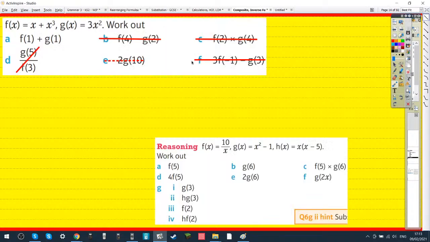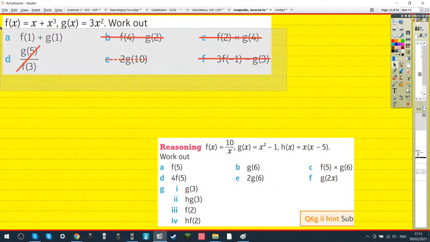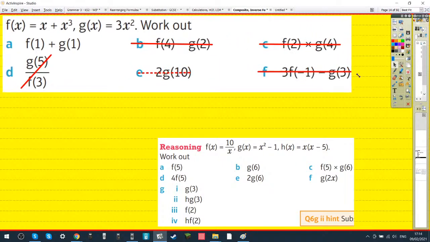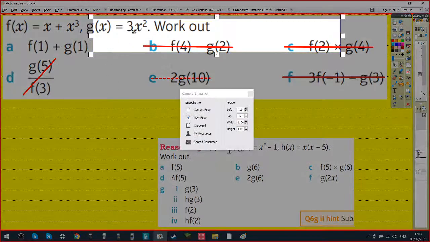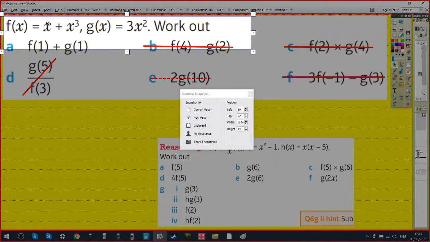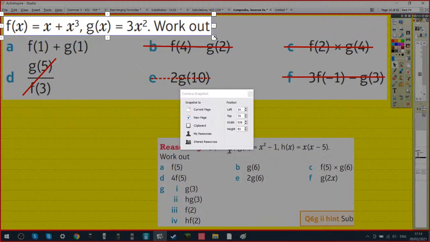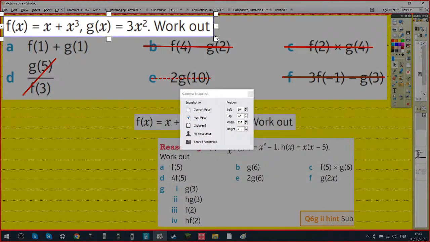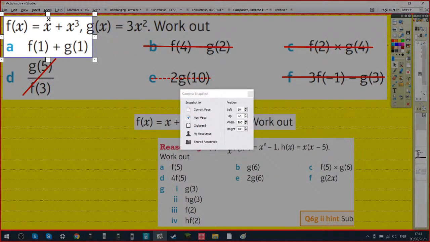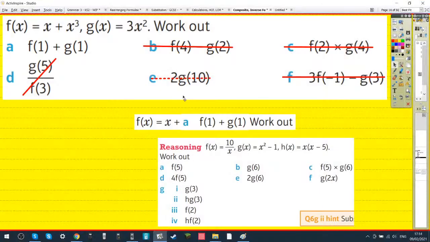That one's okay. What is question A? Up the top. f of 1, g of 1. So 1 plus 1 squared. That's 2. Then 3 times 1 cubed.